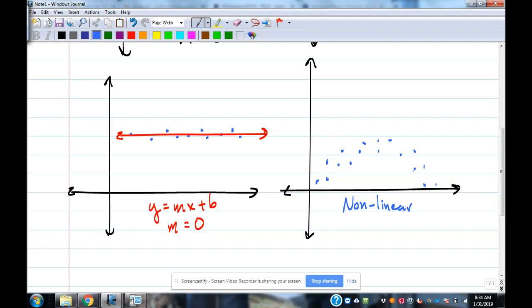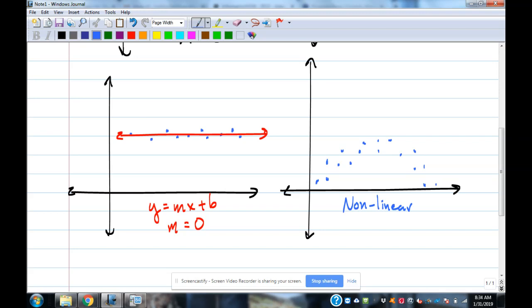And depending on the context of the particular problem this data set came from, and the ability to find a line or an equation of fit, what kind of nonlinear equation that could be. It could be quadratic. We'll see that in the next section. We'll talk about quadratic things. It could be, honestly, cubic.